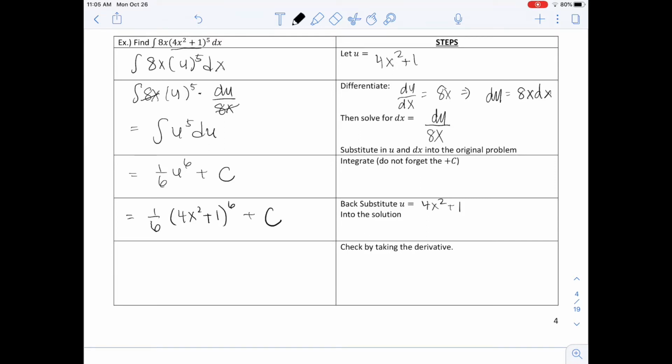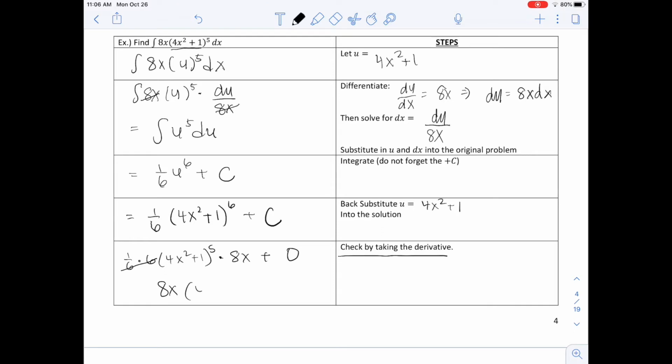And then the next thing says to check by taking the derivative. So taking the derivative of our function up above, it's going to be 1 over 6 times 6 times 4x squared plus 1 to the 5th, that's the chain rule, times the derivative of the inside, which is just going to be 8x, plus the derivative of a constant, which is just 0. You'll notice that your 6's reduce out.